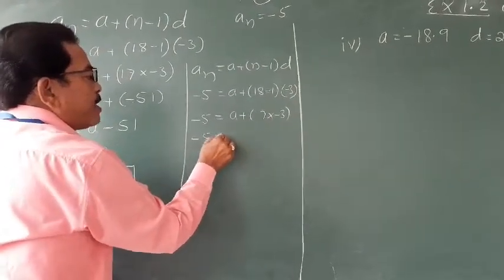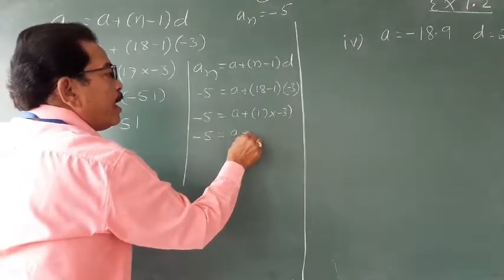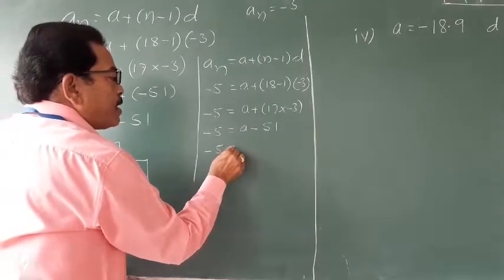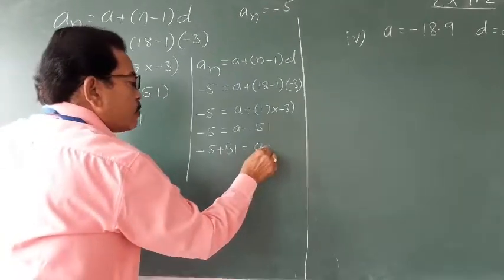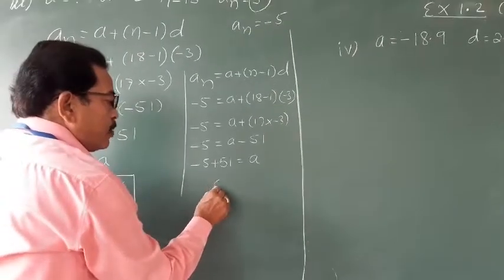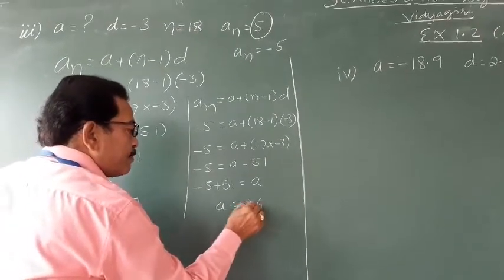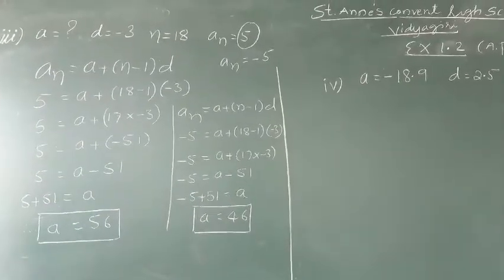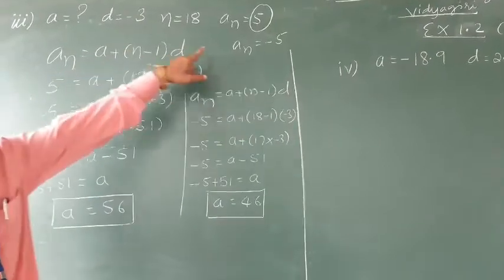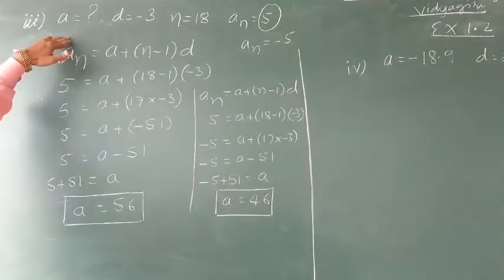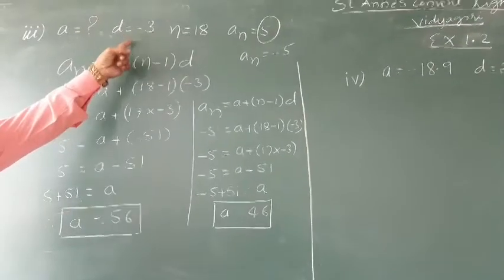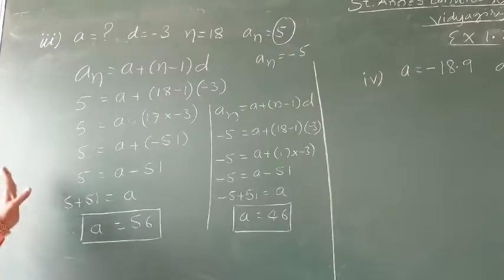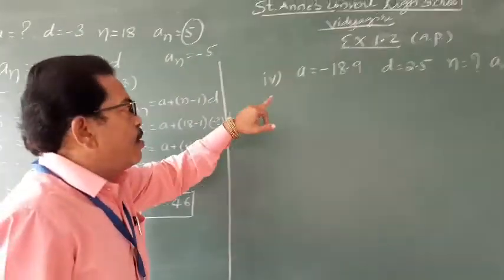What happens? Minus 5 equals a minus 51, so minus 5 plus 51 equals a, that is a equals 46. a equals 46 if an equals minus 5. Practice problems by changing the signs of these values.